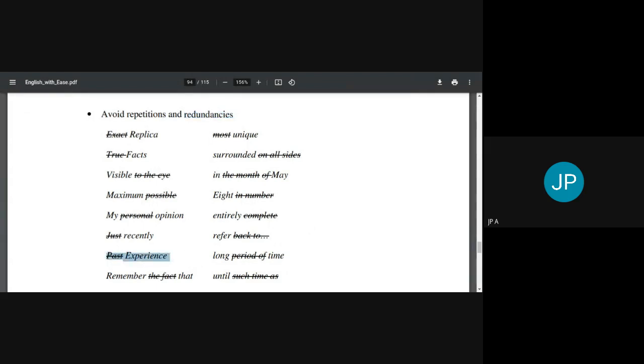Past experience, all experience are related to the past. Can you have a future experience? No. So all experience that we have is necessarily of the past. So there is no need to mention past. If we can avoid such unnecessary words, our reports can be as neat and easy as possible.